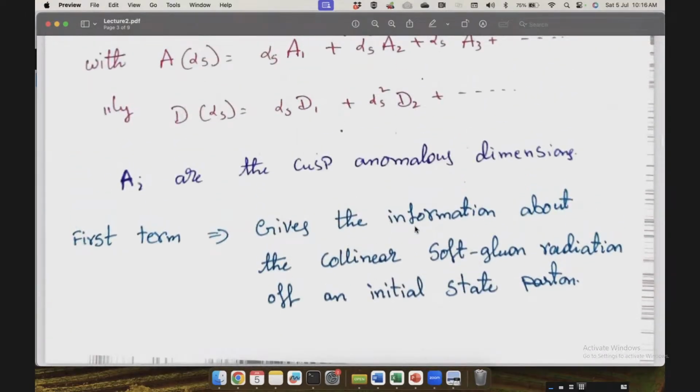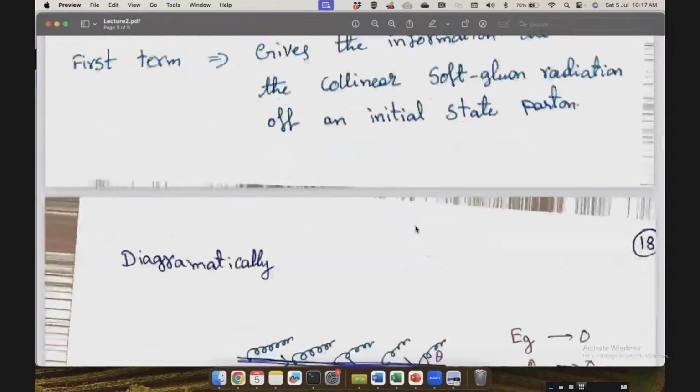In the sense, you are essentially considering what you call eikonal lines. An eikonal line means a colored particle emitting soft gauge bosons, meaning soft gluons or soft photons. If you consider a special case where they are also collinear to the emitting particle, then the angle between the emitted particle and the emitting particle becomes 0. That is, they are collinear to each other. That is the kind of region that we call a cusp.